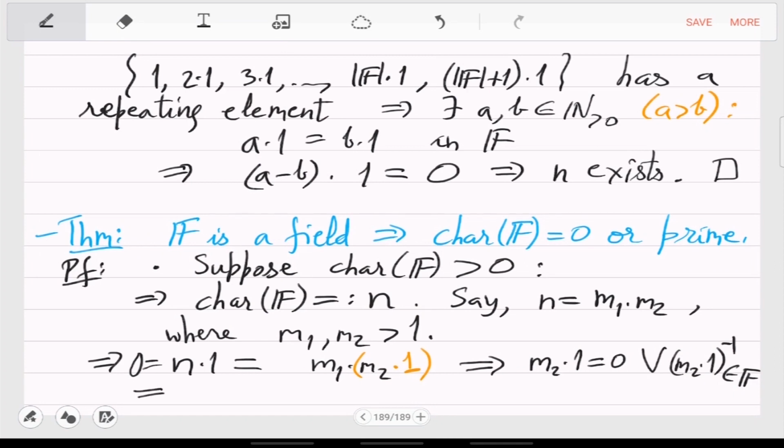Which means that m1 times m2 times 1 times its inverse. It may be a good idea to give this a name. It's getting too long.